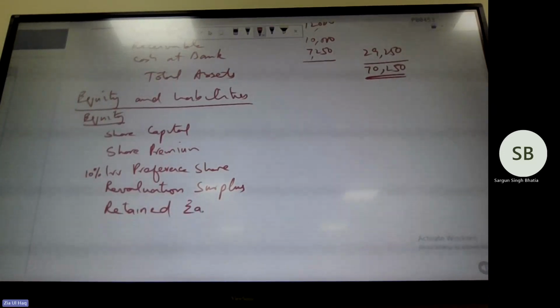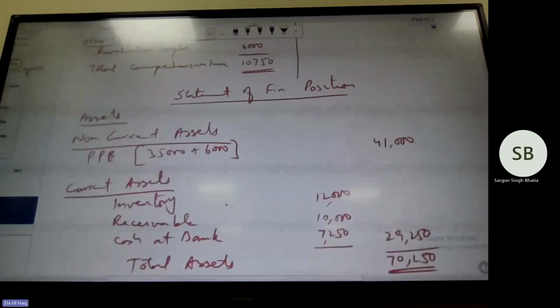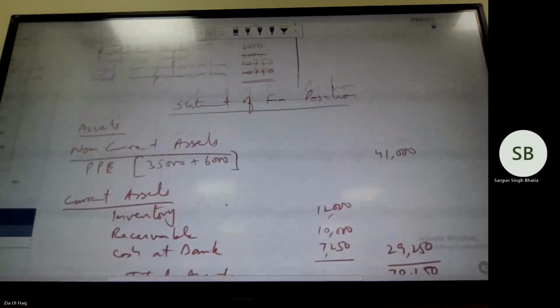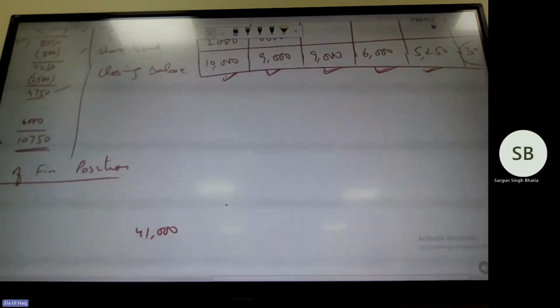And these figures we have already calculated. That's why we need to prepare the statement of changes in equity first, then the statement of financial position. So their figures are 10,000, 9,000, 9,000, 6,000, 5250.